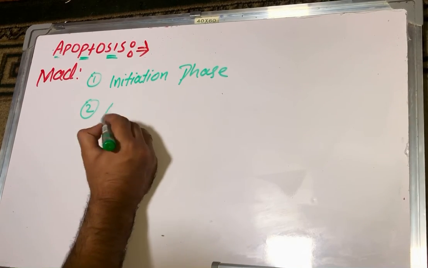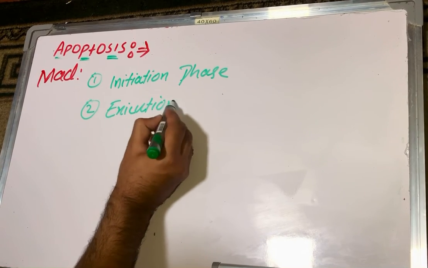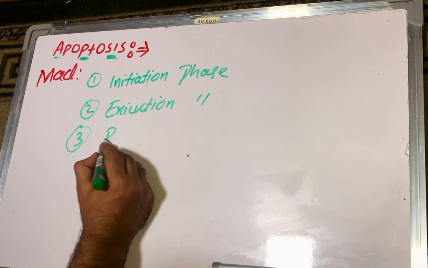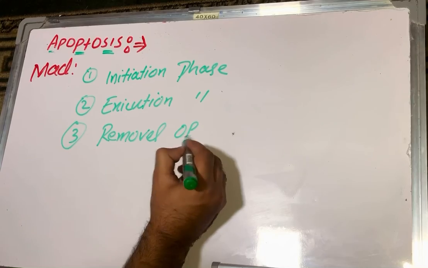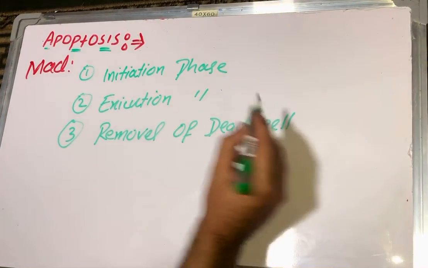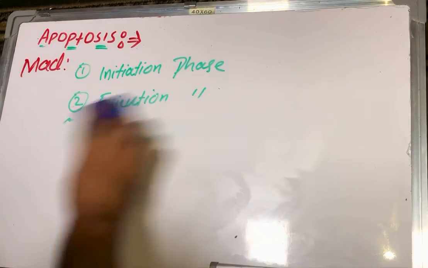Number second, execution phase. And number third is removal of dead cells. These three phases are involved in the process of apoptosis.